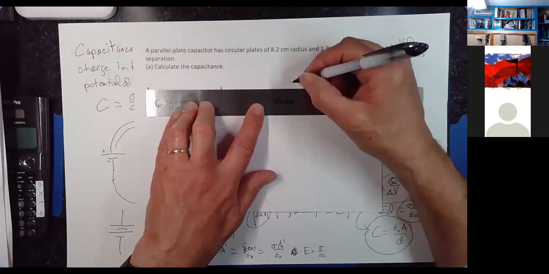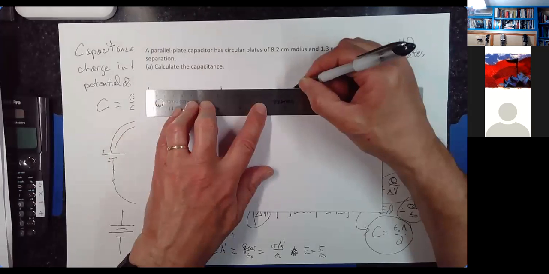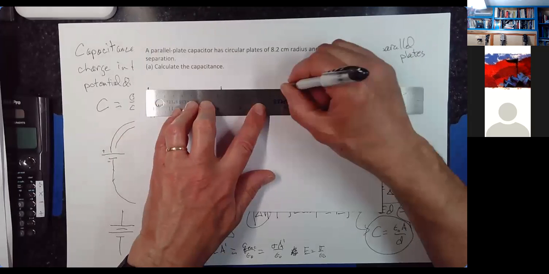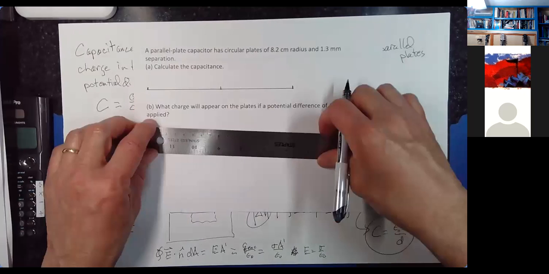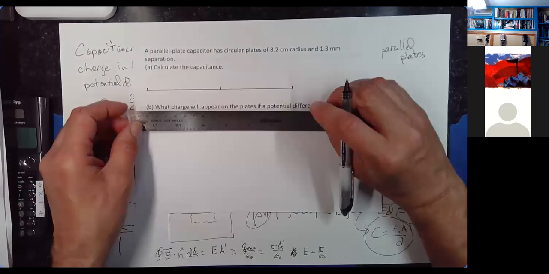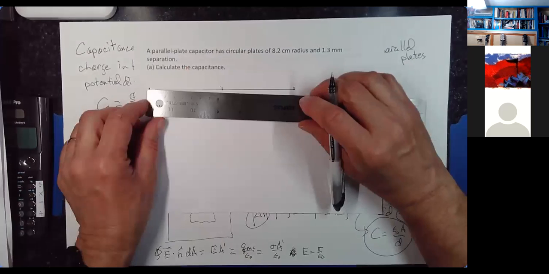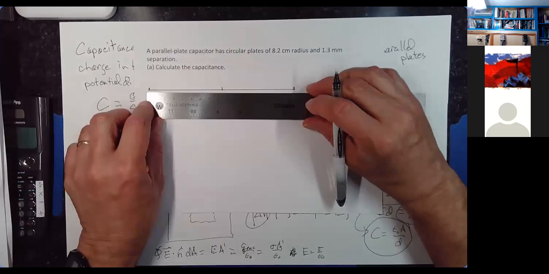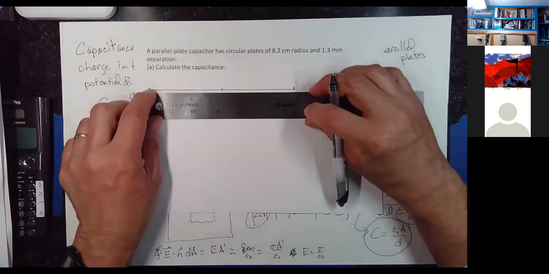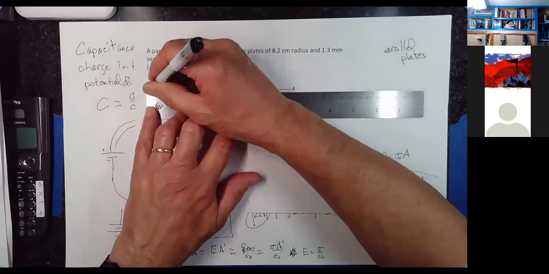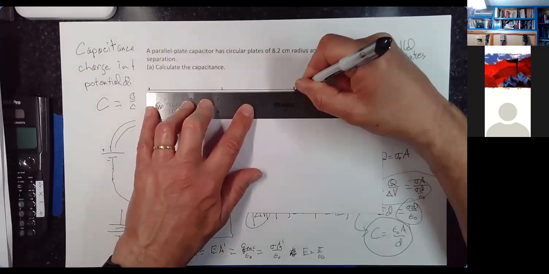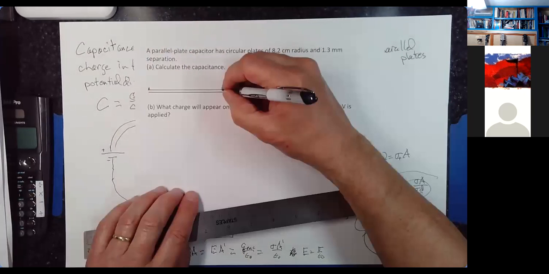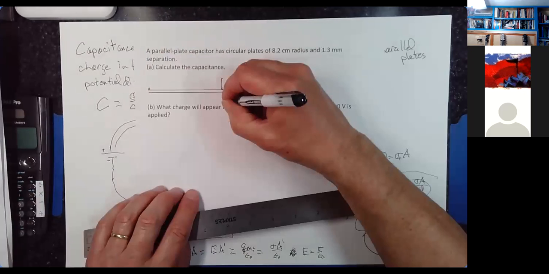So I'd have to go all the way out to 16.4 here to get the diameter. So that's the diameter of our plates, and we'll have another one just like it that's 1.3 millimeters below it. I'm not even going to try to measure 1.3 millimeters, but this is actually too much. That's more than 1.2 millimeters apart, but there's my top plate and my bottom plate.